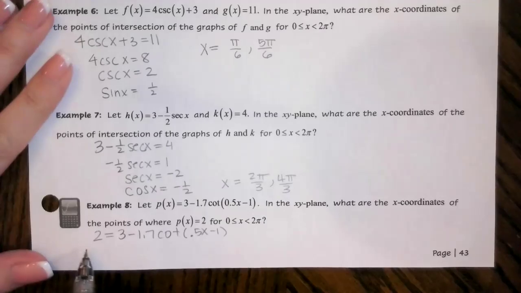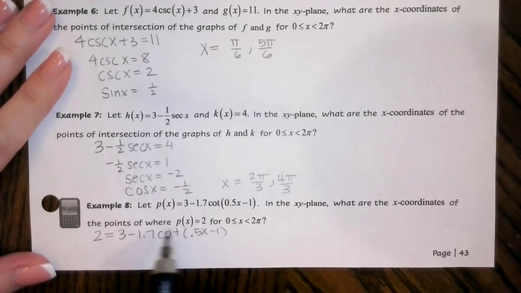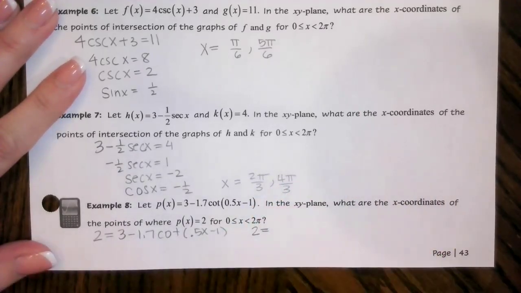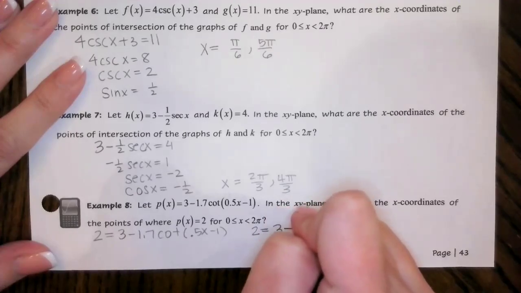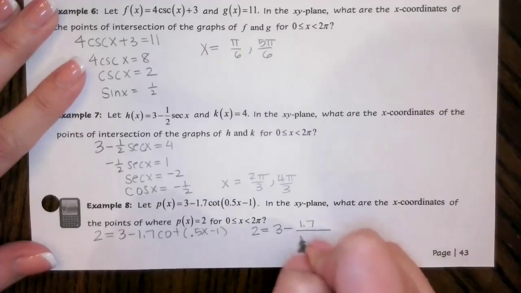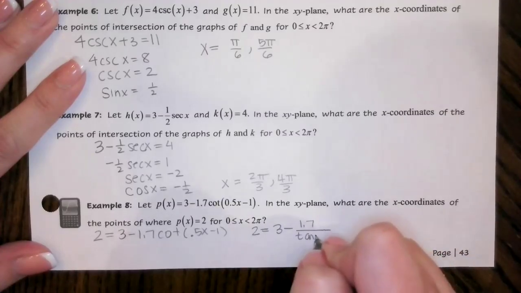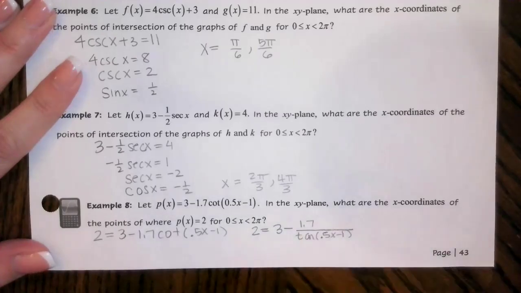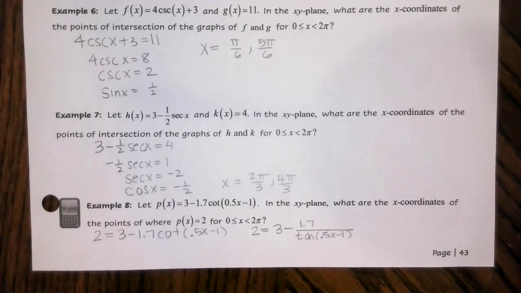Now, you can't put this in the calculator because I told you we don't have a cotangent button in the calculator, but I can rewrite it as a tangent. So tangent and cotangent are the reciprocals of each other.